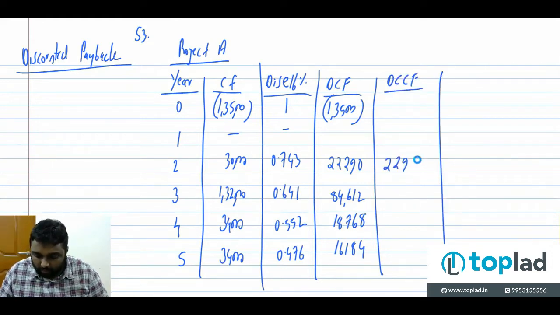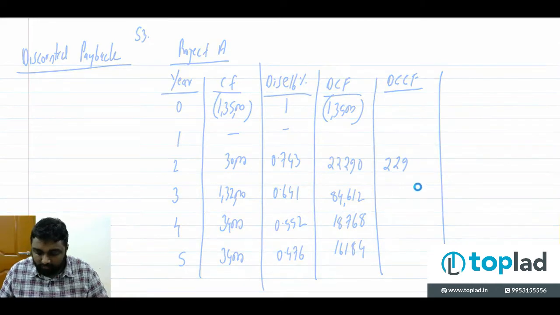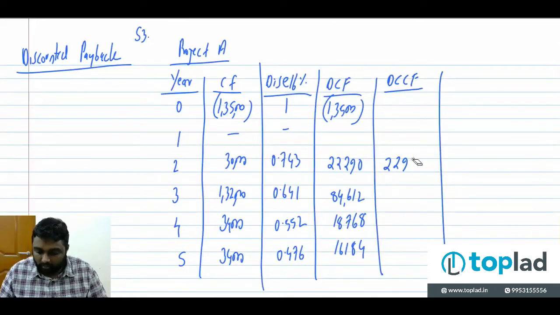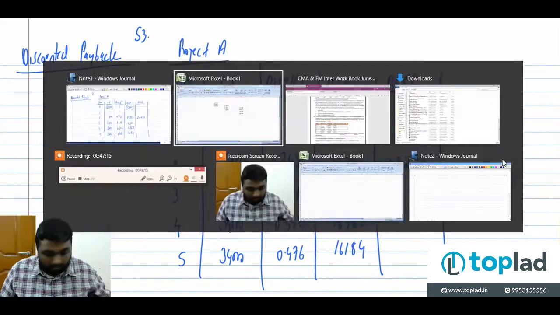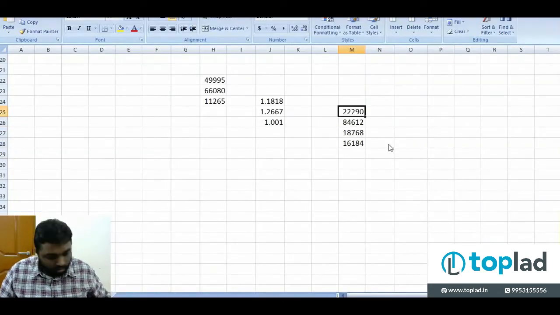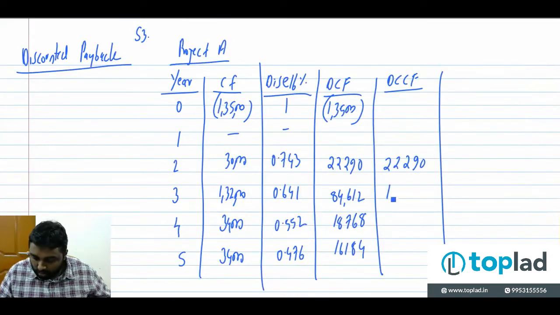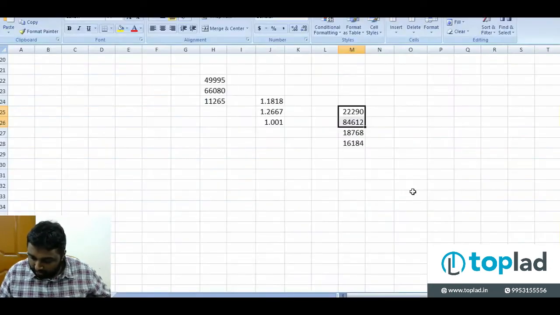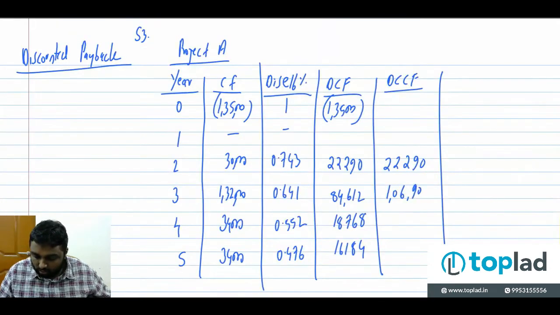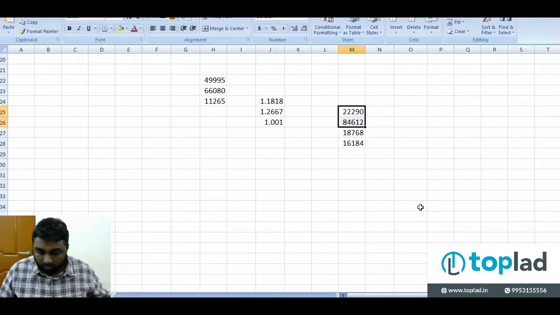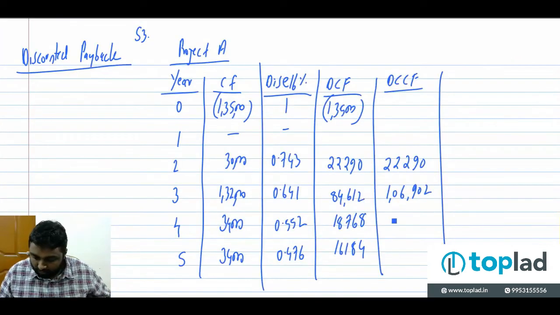22,290. 22,290 plus 84,612, so what will be the cumulative? 1,06,902. One more item, 1,25,670.